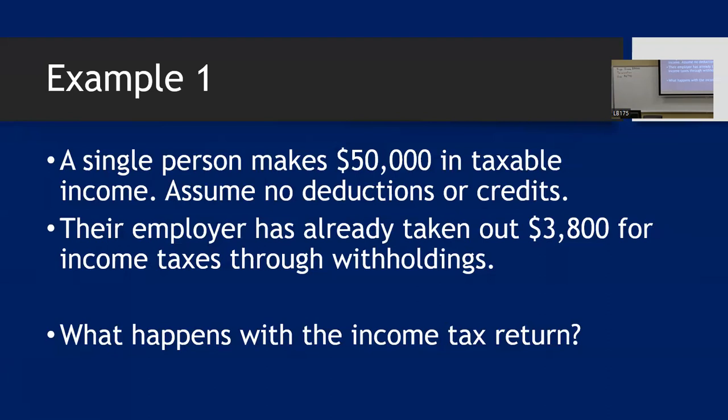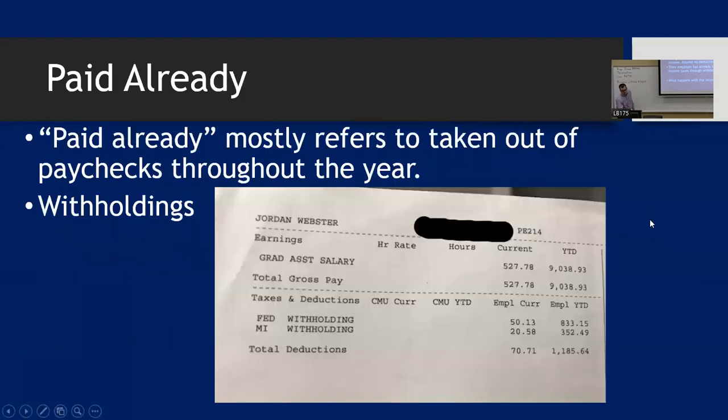Now the employer has already taken out $3,800 for federal income taxes. What's going to happen with this return?